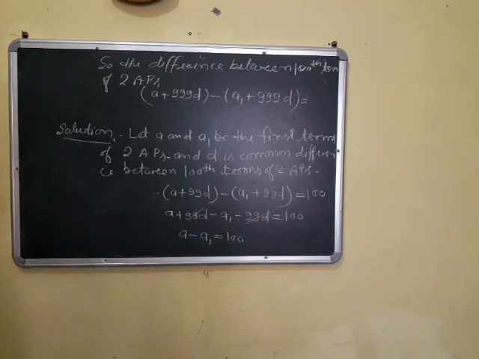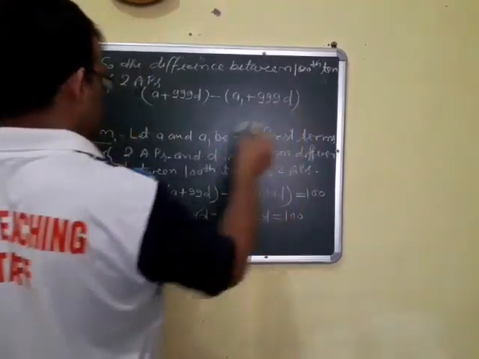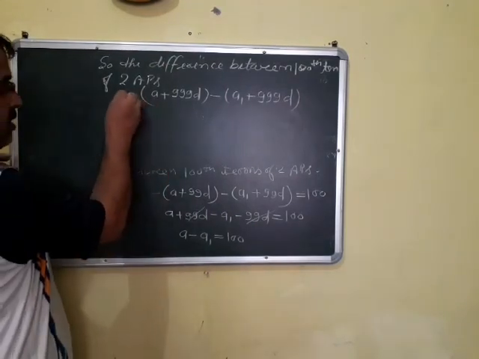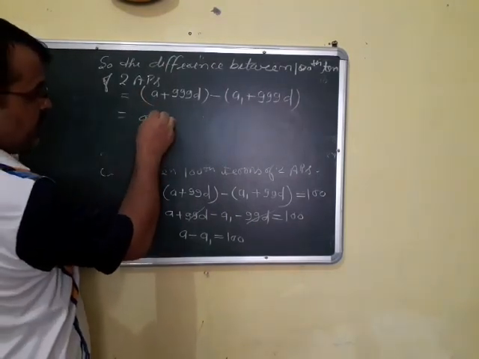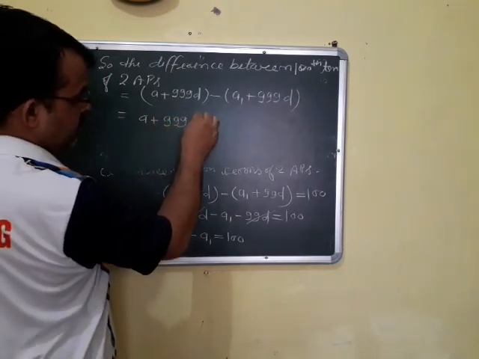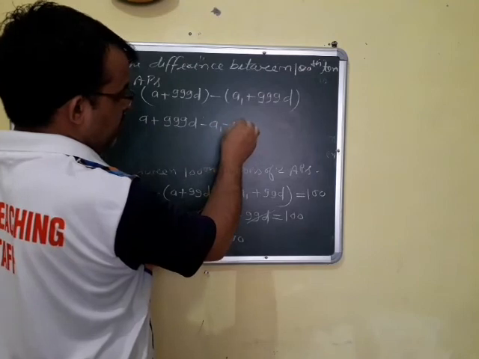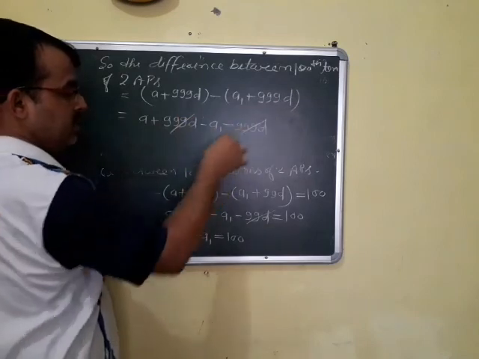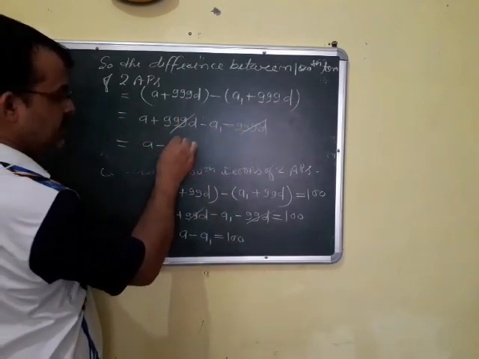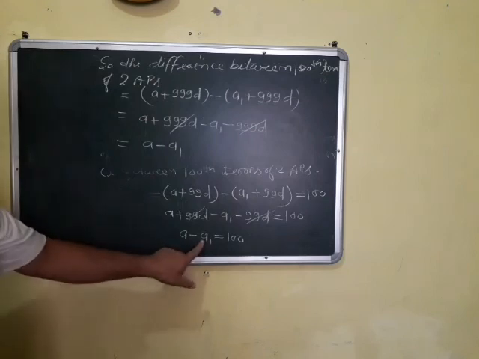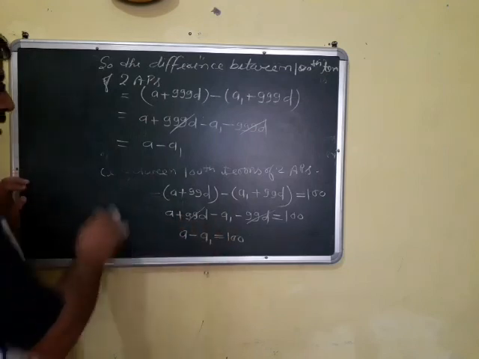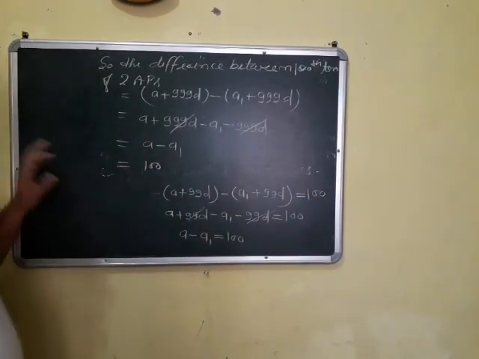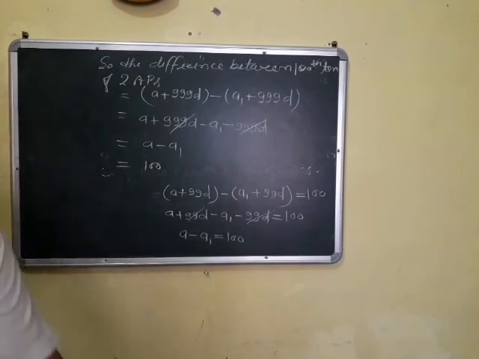So we get here, this one is open now: a plus 999d minus a1 minus 999d. So this portion is cancelled. What we get here is a minus a1. And we already found that a minus a1 is equal to 100. So this one is equal to 100. In both conditions we find that the common difference is 100.